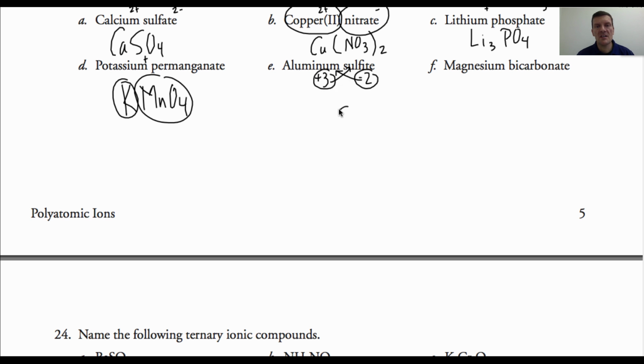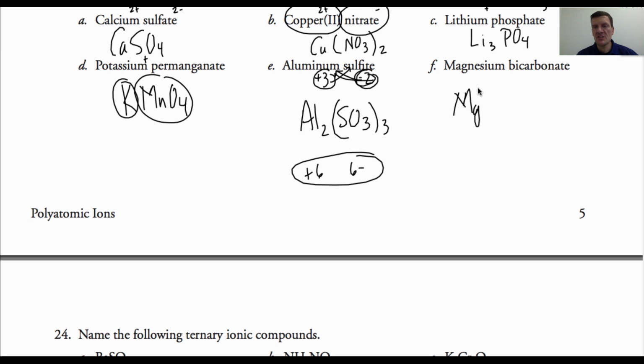That tells me I'm going to need sulfite, and I'm going to need 3 of those in a group, parentheses around the whole group of SO3, and then a subscript 3 outside the parentheses. And then the aluminum, I'm going to need 2 of those, Al2. Okay? 2 aluminum gives me a charge of +6 total. 3 sulfite gives me a charge of 6 negative for a neutral compound.